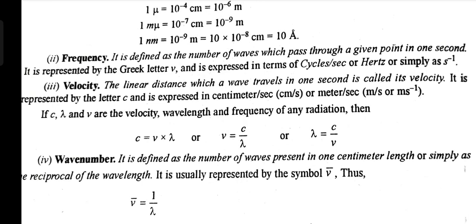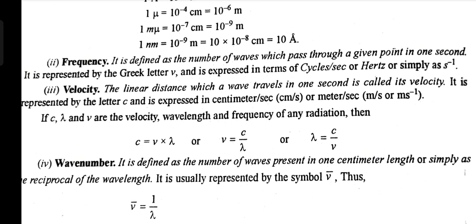It is represented by the Greek letter nu and is expressed in terms of cycles per second or hertz or simply as per second. Third, velocity. The linear distance which a wave travels in 1 second is called its velocity. It is represented by the letter c and is expressed in centimeter per second or meter per second.